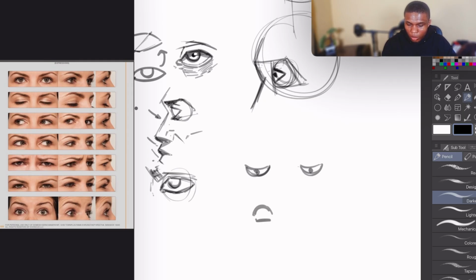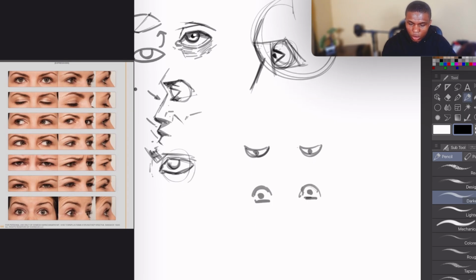You can tell a lot of story with just the eye, how the eye looks, the shape of the pupils and the iris in the eye as well. You can create a really cute character.